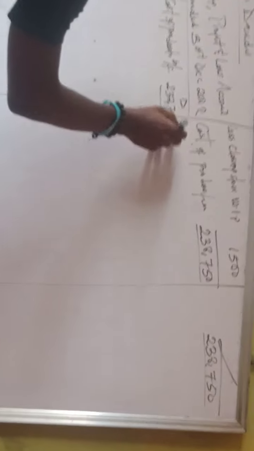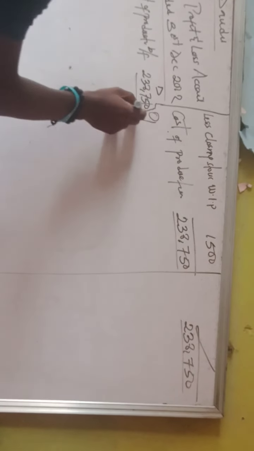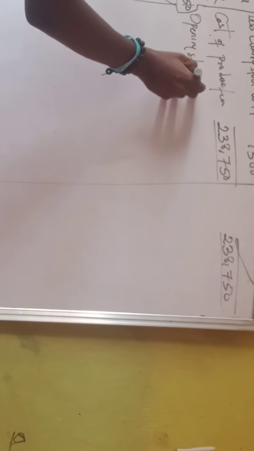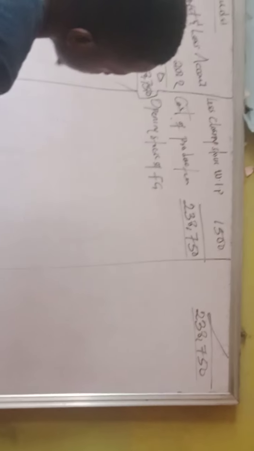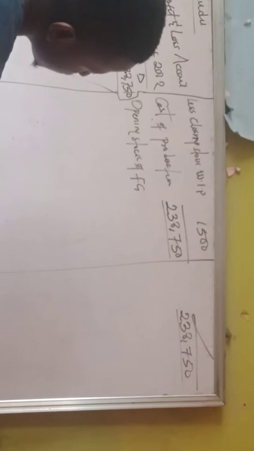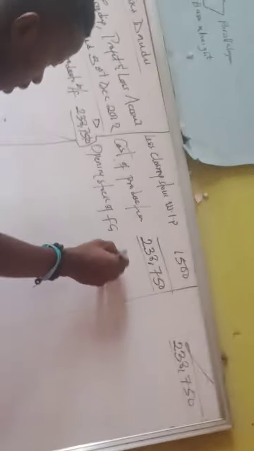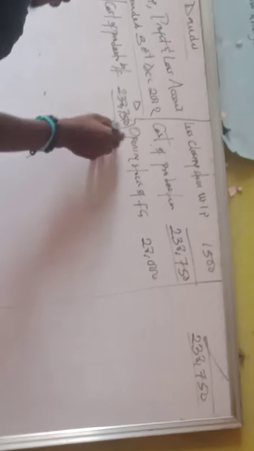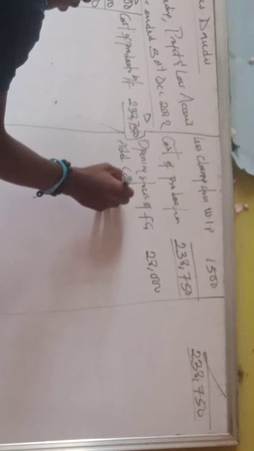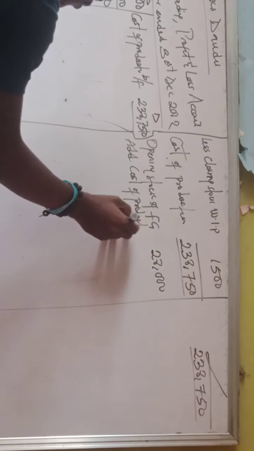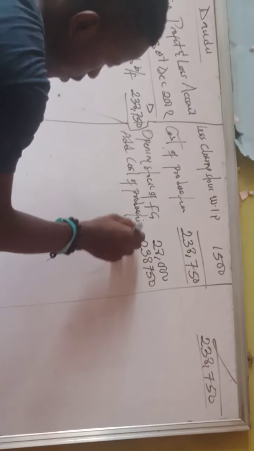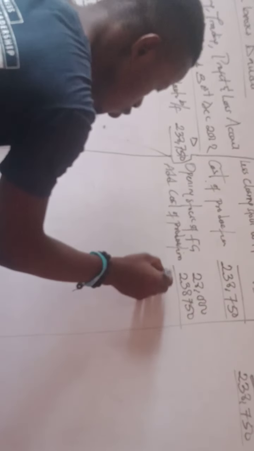Then you now prepare your opening stock of finished goods, FG. What's the figure? 28,000. So add your cost of production, 238,750. What's the figure? 266,750.